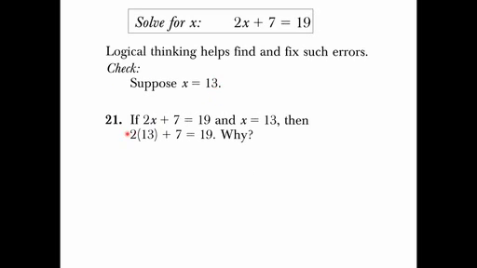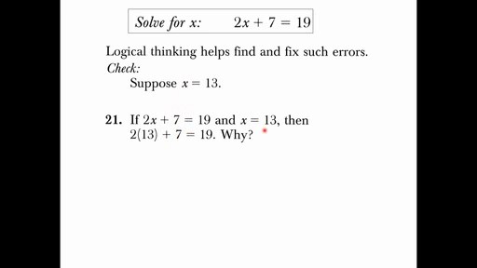If it is, if 2x plus 7 equals 19 and x is 13, so these are our givens. We had this and we have this. Then we could say 2 times 13 plus 7 is 19. Why? What is our postulate that we're using? Well, what's different? 2x plus 7, 2 times 13 plus 7.